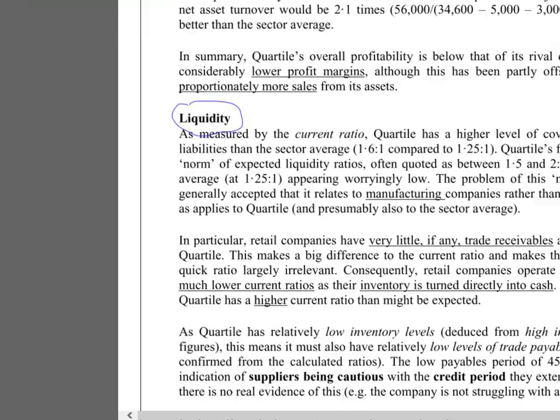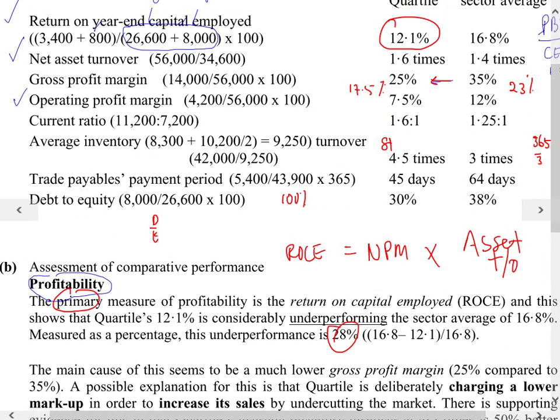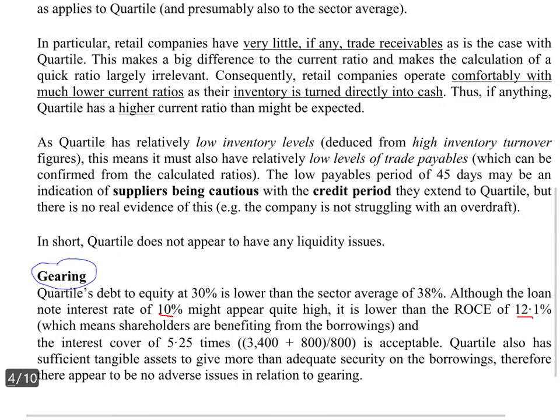My gearing ratio is 30%, and just now we said it should be around 100% as the threshold, which means we can actually borrow more, right? If we are able to maintain 12.1% return, do you think we should borrow more? Yeah, borrow more. If with the new money we can maintain 12.5, our decision is we should borrow more to make more money. Clear? So that is for gearing ratio.